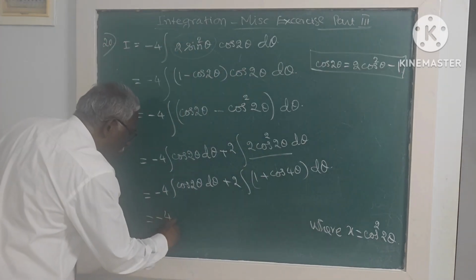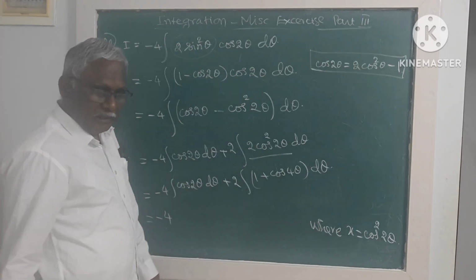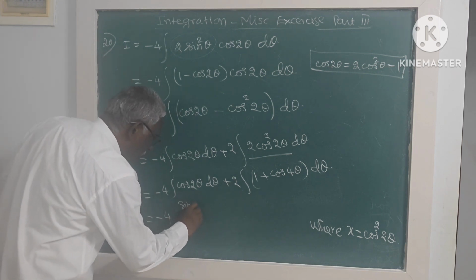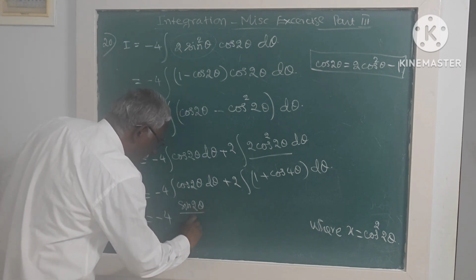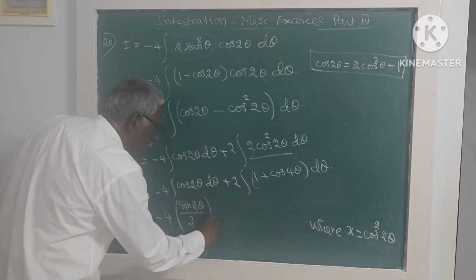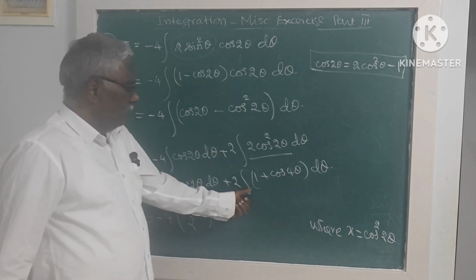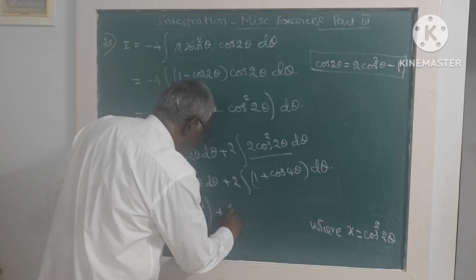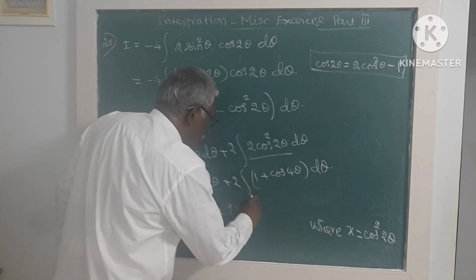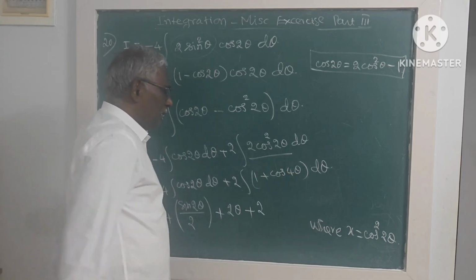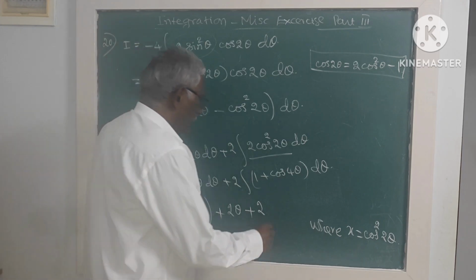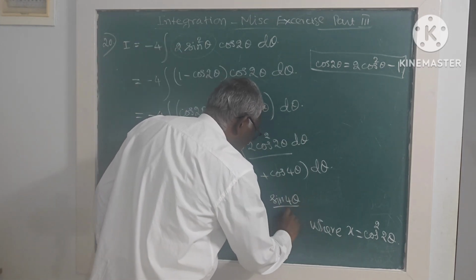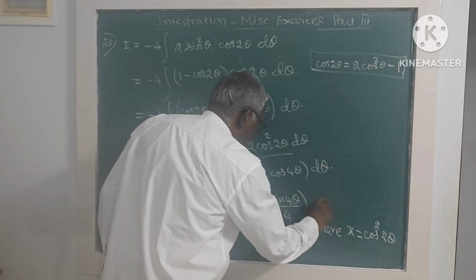So minus 4, if we integrate cos 2 theta with respect to theta, we will get sin 2 theta by 2, plus, if we integrate 1 with respect to theta, we will get 2 theta, plus 2 times, if we integrate cos 4 theta, we will get sin 4 theta by 4, plus constant.